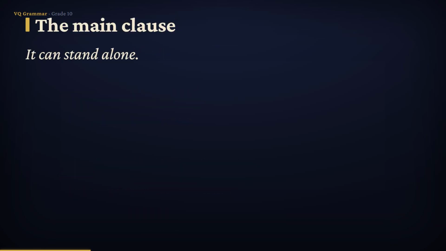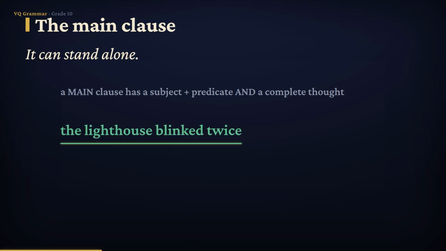Now let's split clauses into two families, starting with the main clause. A main clause has a subject and a predicate, which is what makes it a clause in the first place, and it also expresses a complete thought. Listen. The lighthouse blinked twice. Subject, the lighthouse. Predicate, blinked twice.